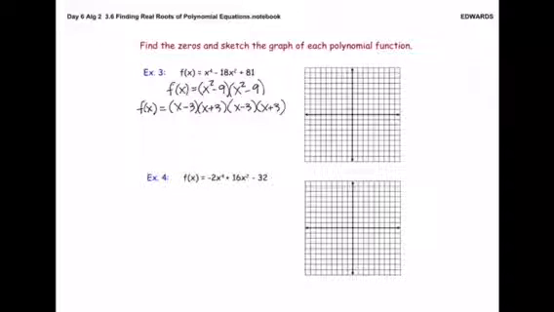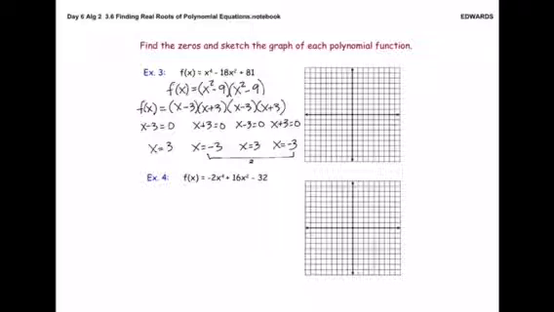When I set each of these factors equal to 0 to solve for my roots, I notice that my roots are positive 3, negative 3, positive 3, and negative 3. So the multiplicity, or the times this happens, is 2. 2 is an even number, so it's going to bounce when it touches those zeros.